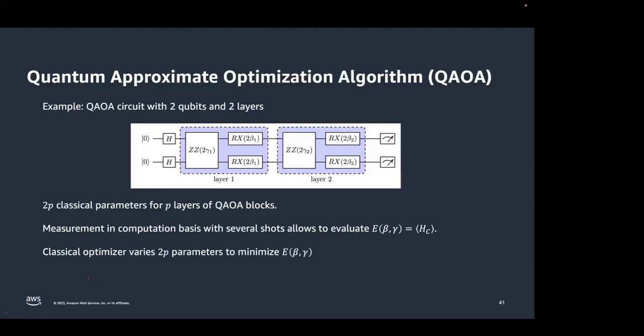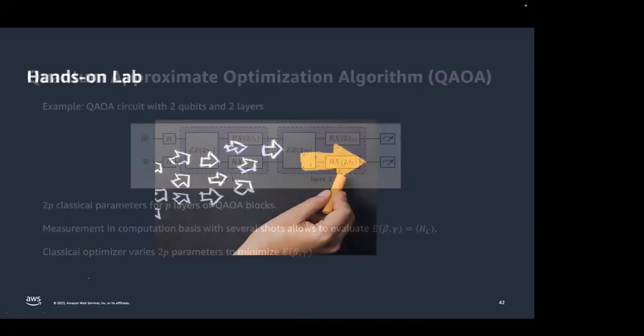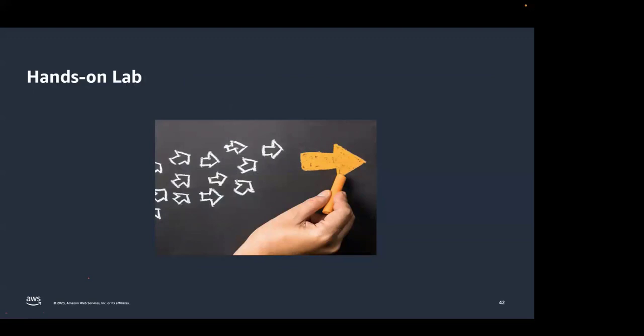So in this example, for the optimizer, we'll be using classical optimizers, such as your favorite gradient descent method, and so on and so forth. But to compute the value of the objective function, we will be using quantum devices. Okay, right. Things will become a little bit more clear when we look at the hands-on lab, which we are going to do right now.